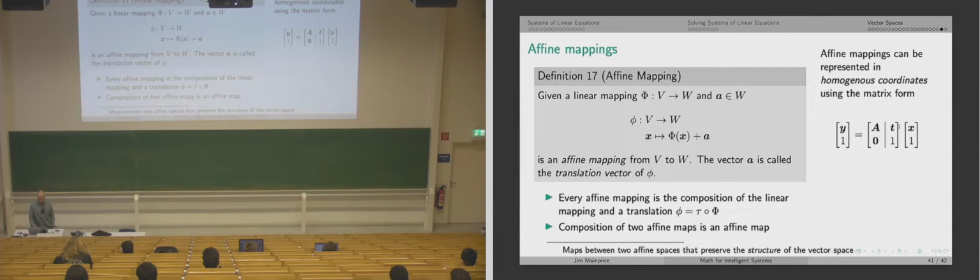And importantly, you can represent it in something called homogeneous coordinates, by having the coordinates of the linear map, the matrix, in the top corner here, and then the translation here. We'll see today, hopefully, though I think we're already late, so maybe we won't get there, that this type of coordinate representation, this type of matrices, define a subspace of the general linear group. The general linear group is the group of matrices that can be inverted.